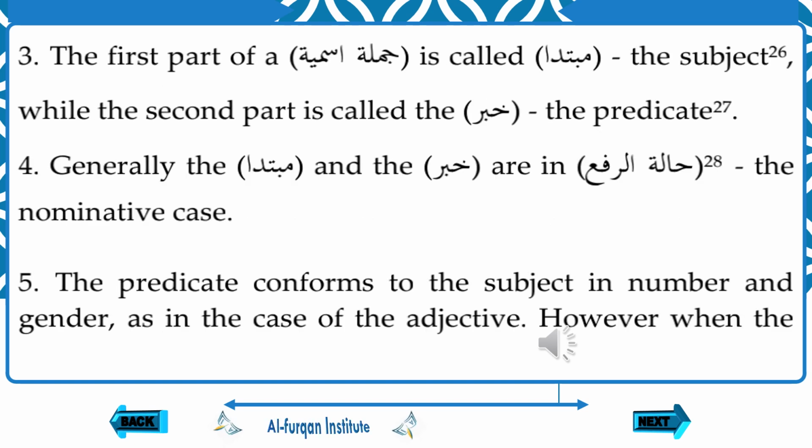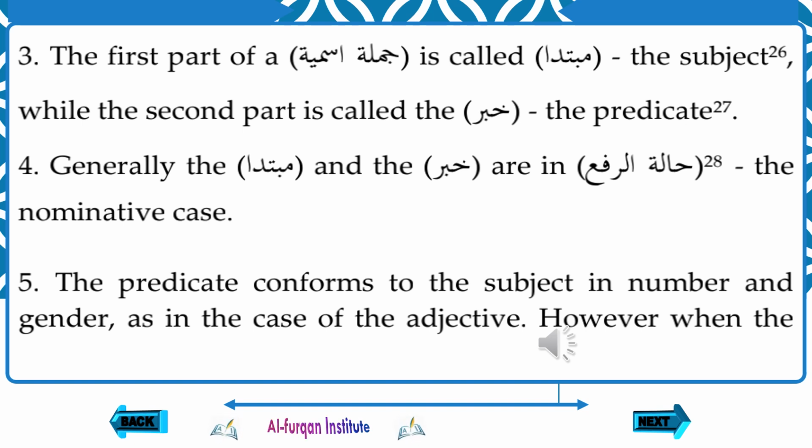The first part of the jumla ismiya is called the mubtada, as I mentioned earlier, the subject, while the second part is called the khabar, the predicate. Generally the mubtada and the khabar are in halatu rafi', the nominative case, which I explained earlier.